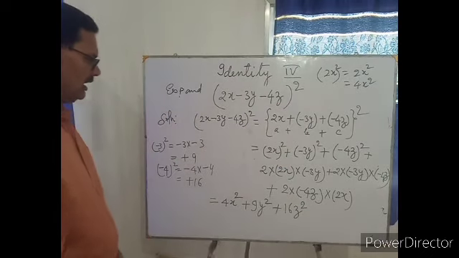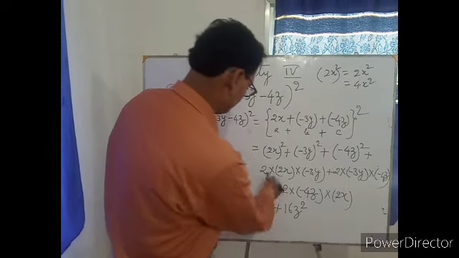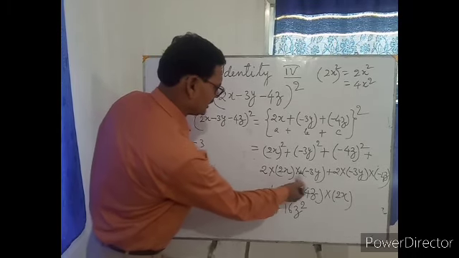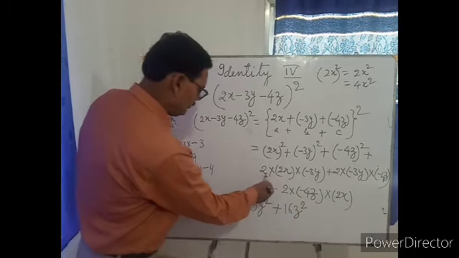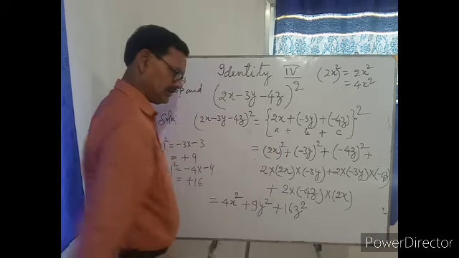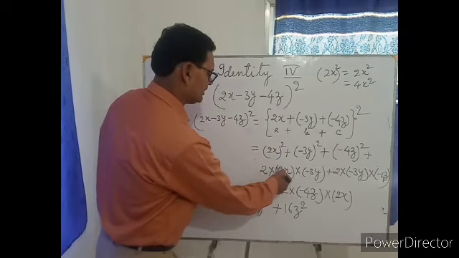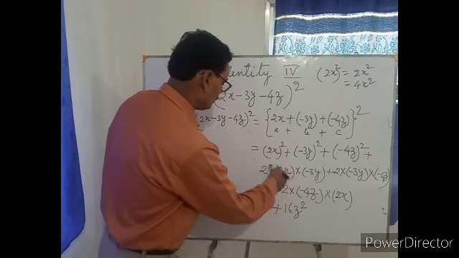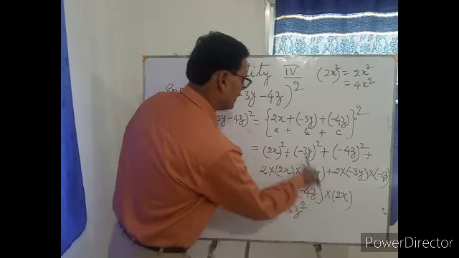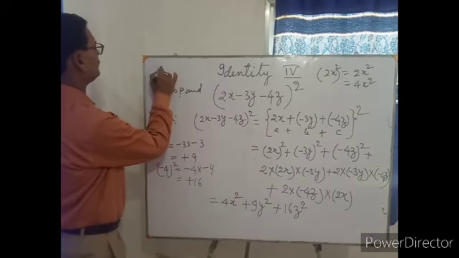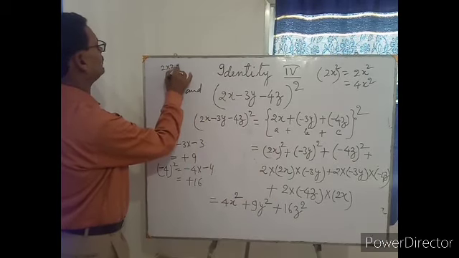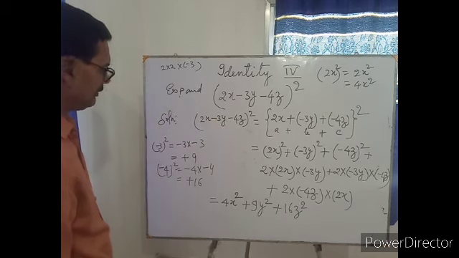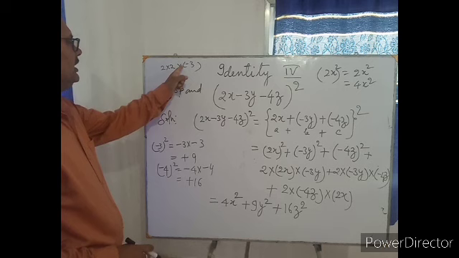Okay. Now come to the other terms here. Let us see. 2 into 2, 4. Here 2 is positive and 2x is positive, and one is minus. So plus into plus is plus, so 2 into 2 is 4. And what is minus 3? So you will have 2 into minus 3. What will you have? 2 into 2, 4 into minus 3.